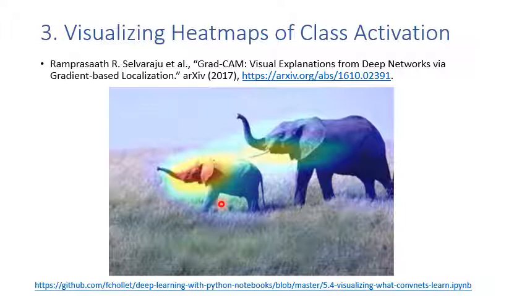In other words, which part of the image activates our model and makes the model predict the target class. This can help us explain the features learned by the models. This technique is called Grad-CAM, published in 2017.